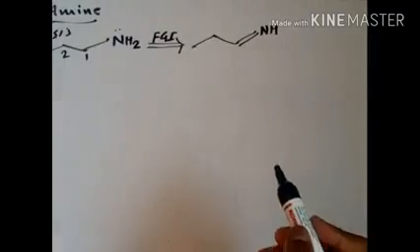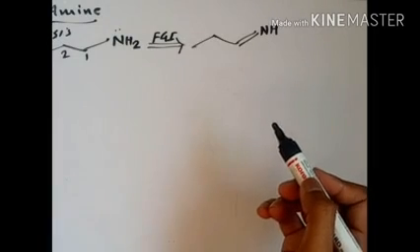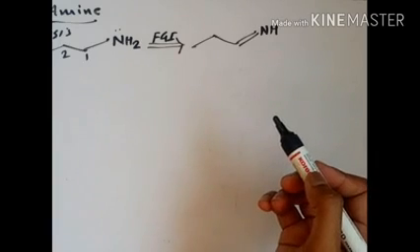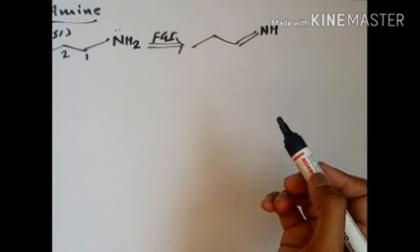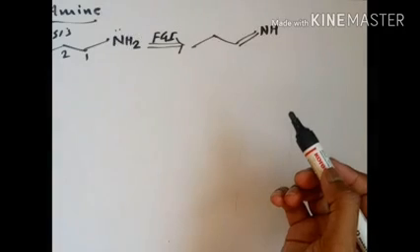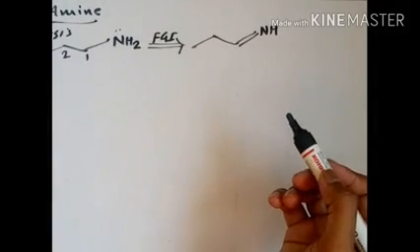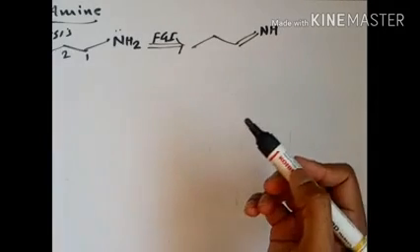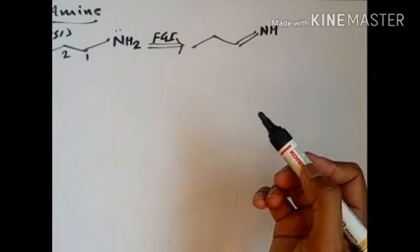We get it by the reaction of carbonyl compounds with NH2, in the presence of a dehydrating agent such as concentrated H2SO4. But here we are not going to use that, because the amine has a lone pair, so it will do that reaction itself.